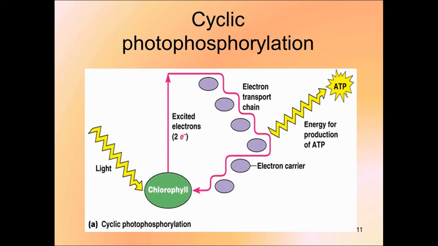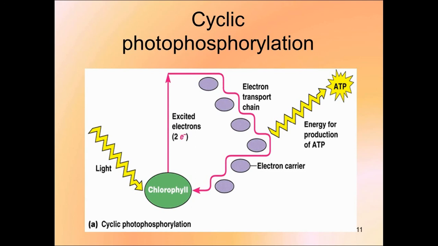Each time it moves down the step, a chemical reaction happens, the electron is slowed down, and a hydrogen is produced. These hydrogen are moved into the lumen like photosystem 2. They gather all up, they create a concentration gradient, and they move through ATP synthase just like photosystem 2.